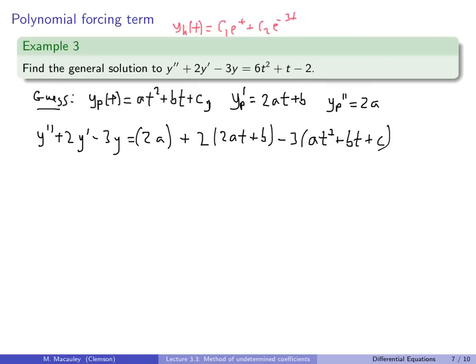And we have to set this equal to the right-hand side, which is 6t squared plus t plus 2.